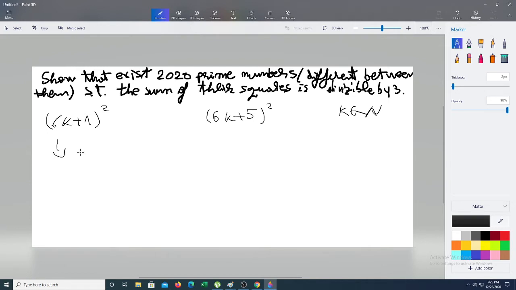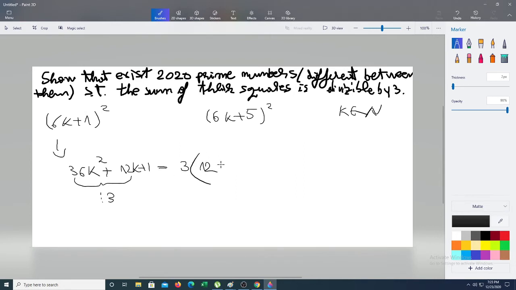So on the left side we have 36k squared plus 12k plus 1. Now we observe that this sum is divisible by 3 without 1. 1 is not divisible by 3. So we can factor this 3 out.